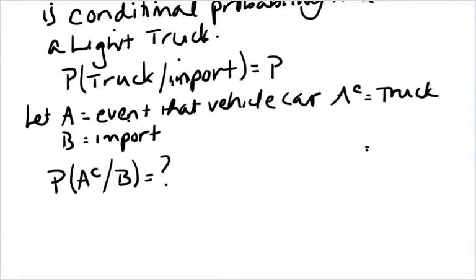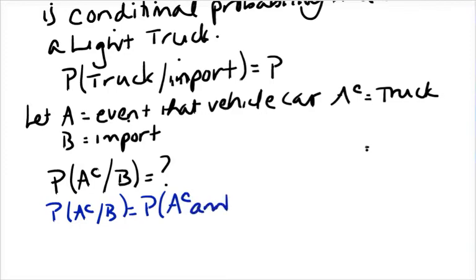Okay, so the probability of A complement, using the definition of conditional probability that you learned today, is the probability of A complement and B over the probability of B. And for the probability of A complement and B, I sent you a summary table.